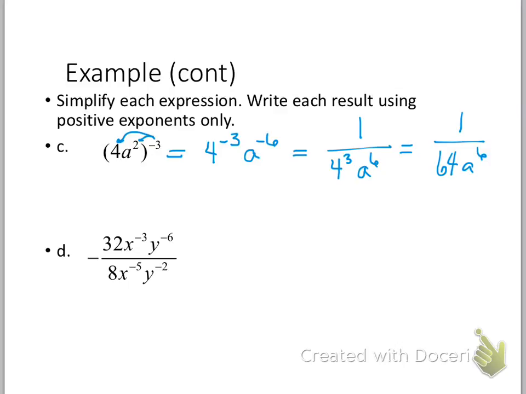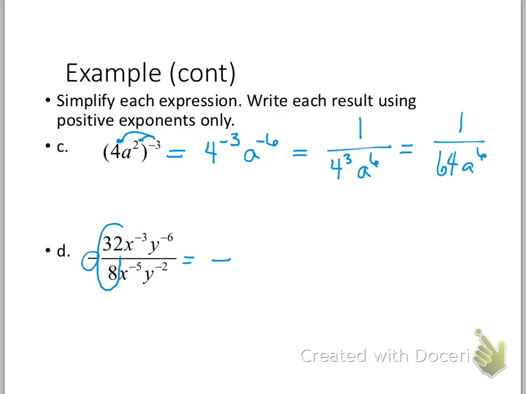Letter D, this is negative. I see I've got some like bases that I can combine here. That's by subtraction. So it gives me 32 over 8. Negative 3 minus negative 5 is really negative. Hold on, let's go back. I see something else we should do first.